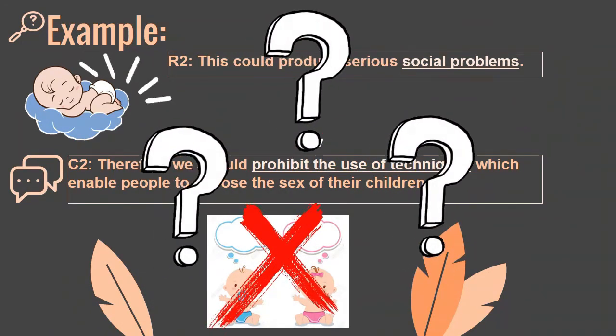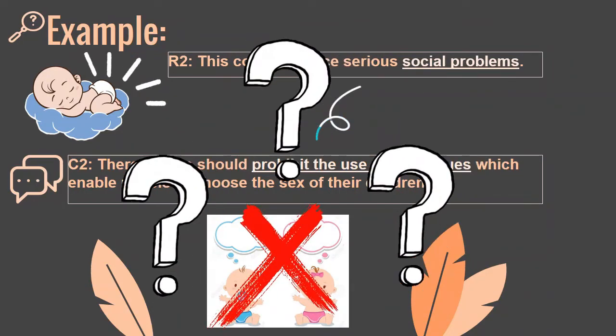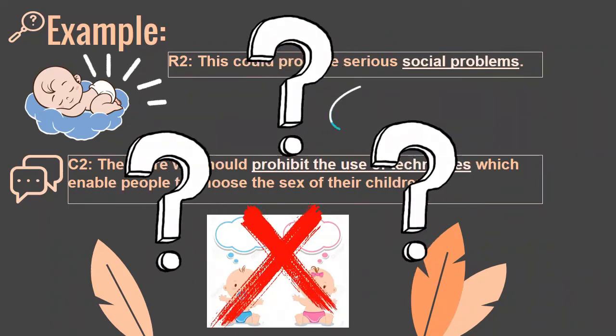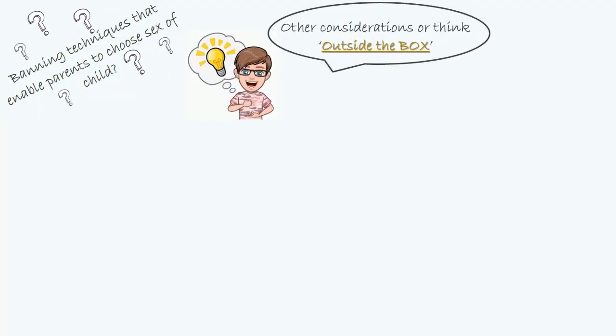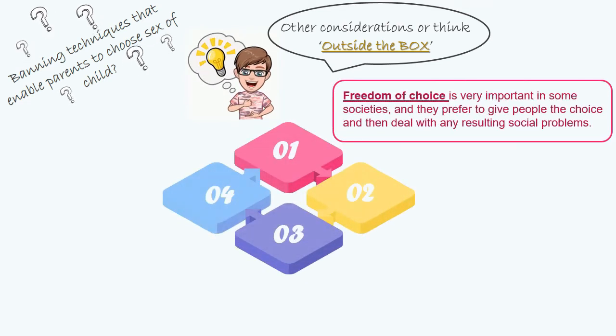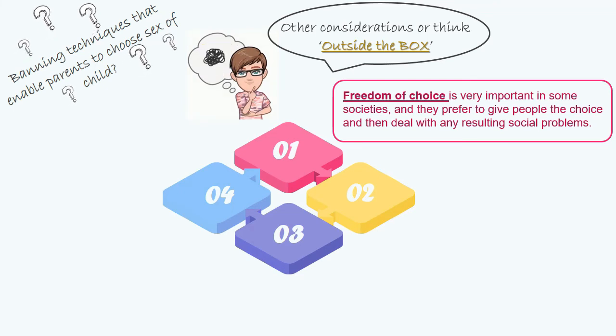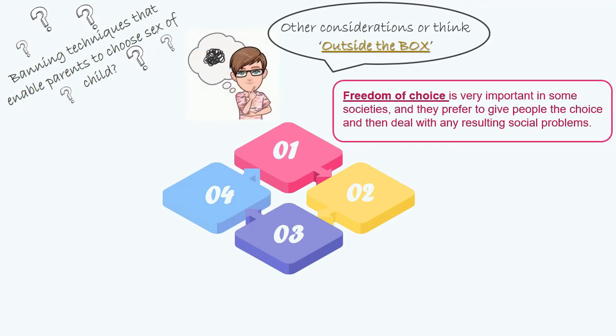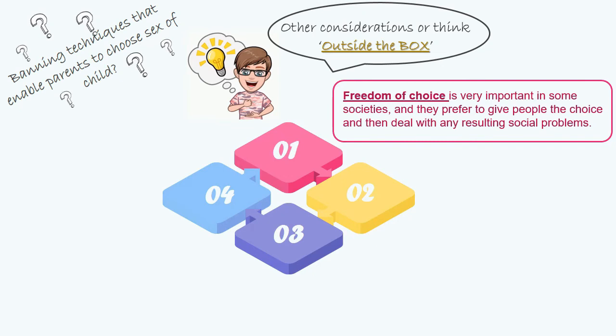Is it persuasive? Of course, this inference is convincing. However, if we try to think of other relevant considerations or to think outside the box, we will get a different view. First, freedom of choice is very important in some societies, and they prefer to give people the choice and then deal with any resulting social problems later on.